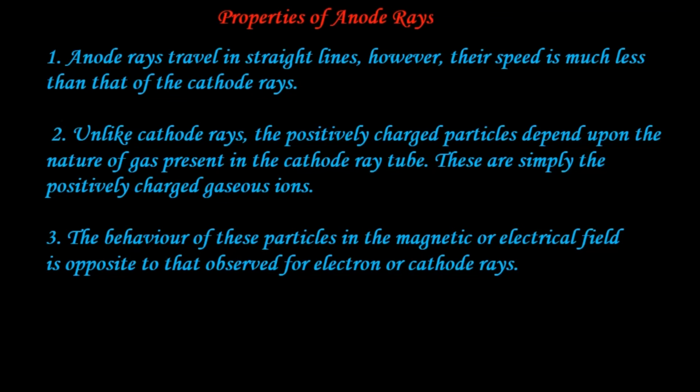In case of cathode rays, the rays were seen to be moving towards the positive plate of the electric field, whereas in case of anode rays, these rays were seen to be moving towards the negative plate of the electric field. So this was all about the discovery of the anode rays and their properties.